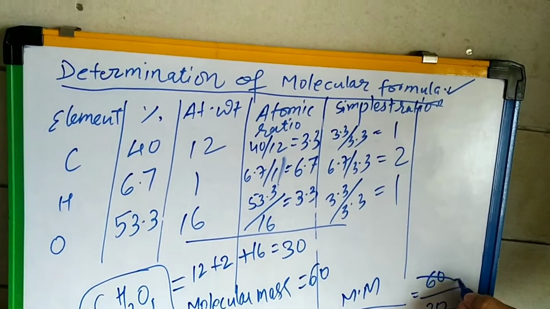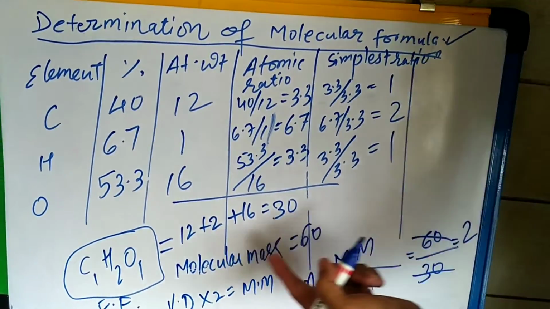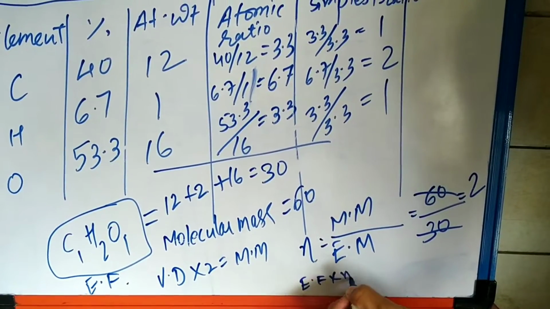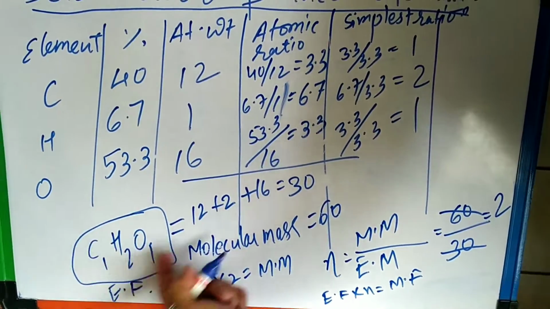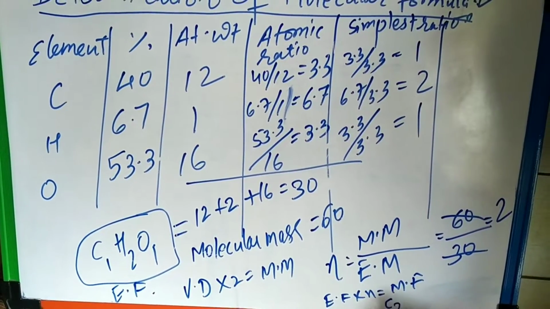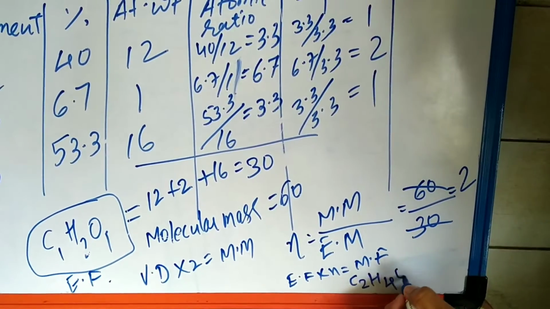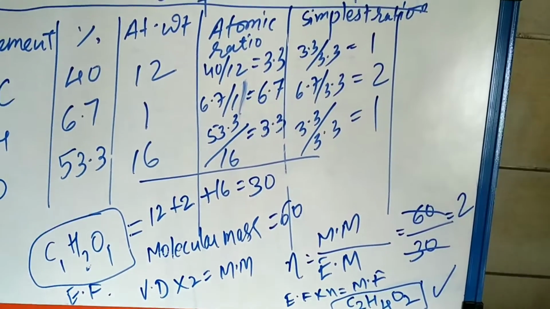Now divide this by this, you will get the number n, which is 2. Now multiply this 2 by the empirical formula. Empirical formula into n will be the molecular formula. So multiplying by 2, you will get C2H4 because 2 into 2, and O2. This is your molecular formula, right?